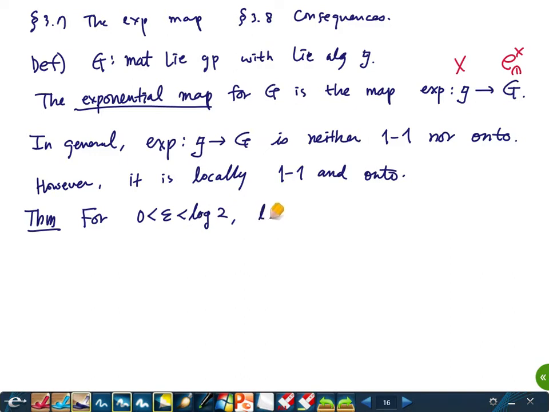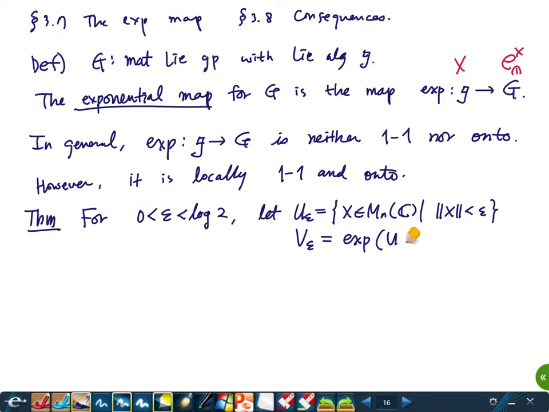For this, let U epsilon be the set of matrices where the norm of X is smaller than epsilon, and let V epsilon be the image of the exponential map on this.